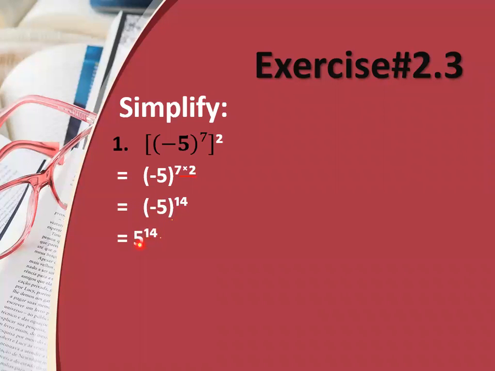Simply you will write here 5 raised to the power 14. Where this minus goes, basically here you have the base, that is -5. Okay, and its exponent is an even number, and if the exponent is an even number, the answer will be positive. So simply you will write 5 raised to the power 14. Okay, now this will be the answer. This is your final answer.